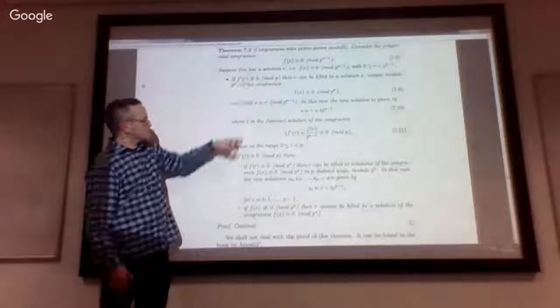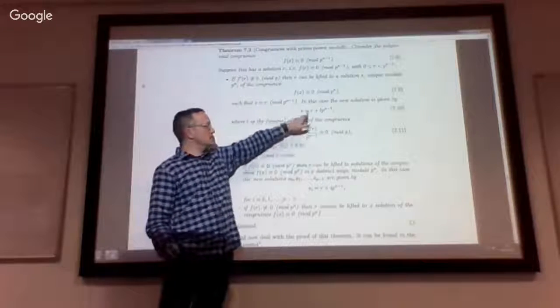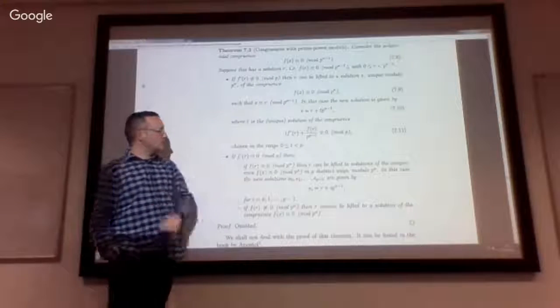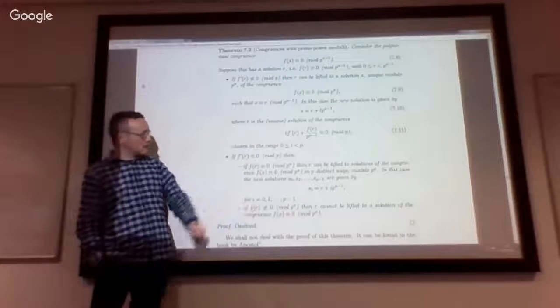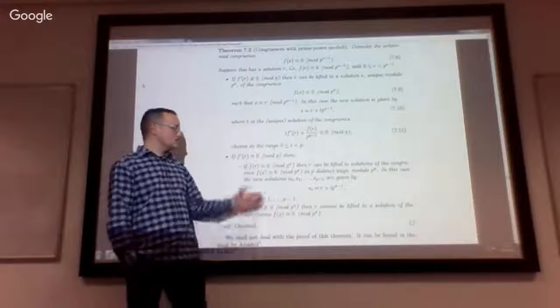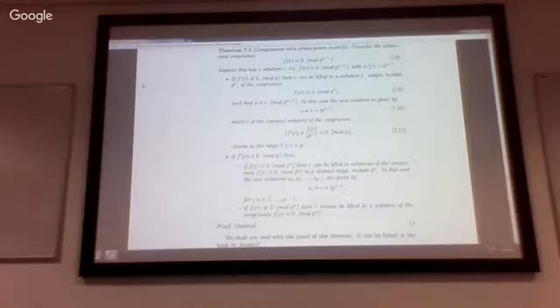You query the value of the derivative at the solution. If it's non-zero, it lifts uniquely like this to give you a new solution S. If the derivative is 0 at the solution, you ask yourself a further question based on the value f of R. Depending on the answer, you either get no solutions or you get multiple solutions generated at the next level.